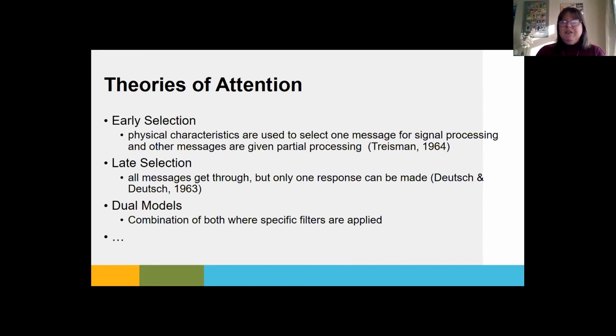And you have lots of other theories. So things like the load that's involved, so how difficult it is to process something might influence whether we pay attention to it, or whether there are other aspects of our environment that bind to an object. So let's say the beam of the torch, or a sound that may cause us to look in a particular direction.